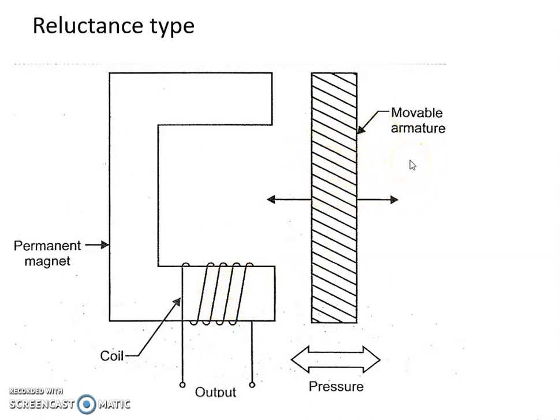When the pressure moves the armature towards the permanent magnet, the reluctance of the coil increases, and when the pressure is applied away from the permanent magnet, the movable armature moves away from the permanent magnet and the reluctance of the coil decreases. Therefore the input applied pressure is measured in terms of change in the reluctance of the coil. So this is the reluctance type inductance pressure transducer.